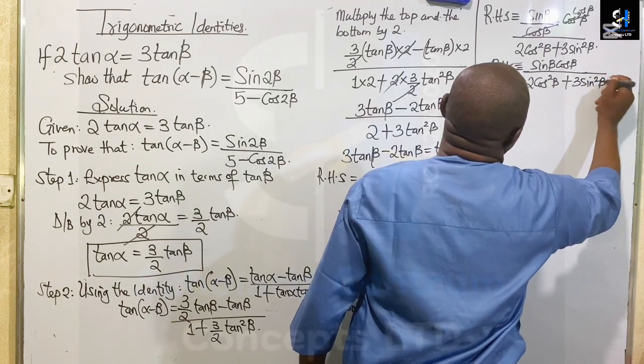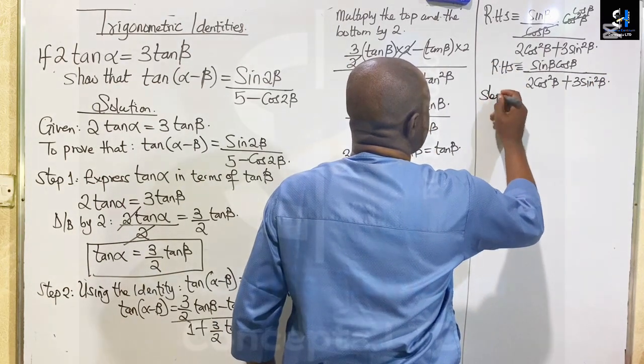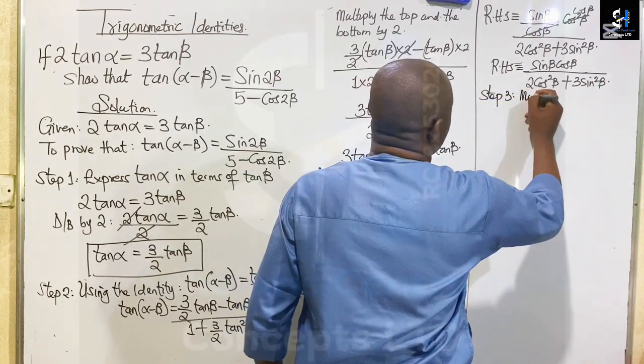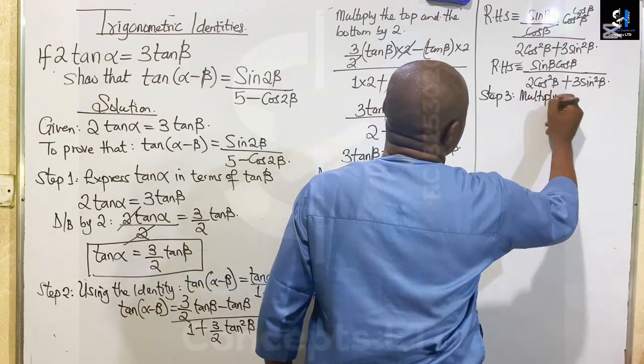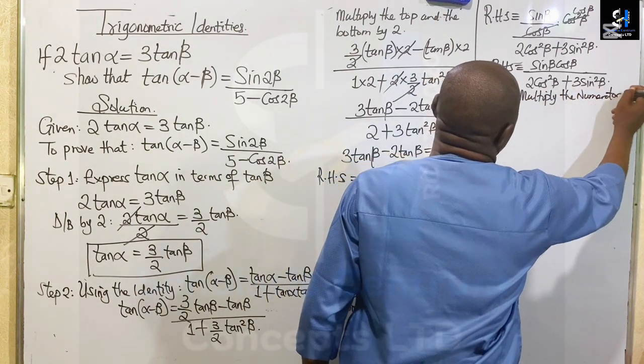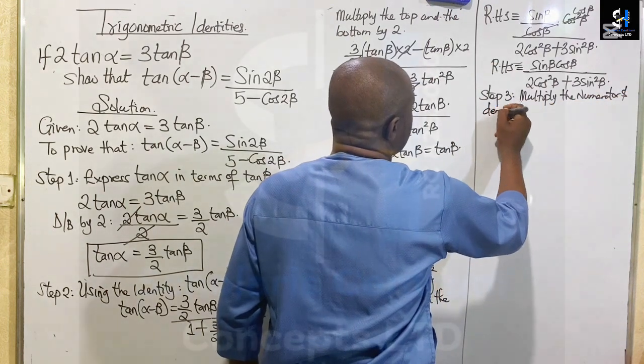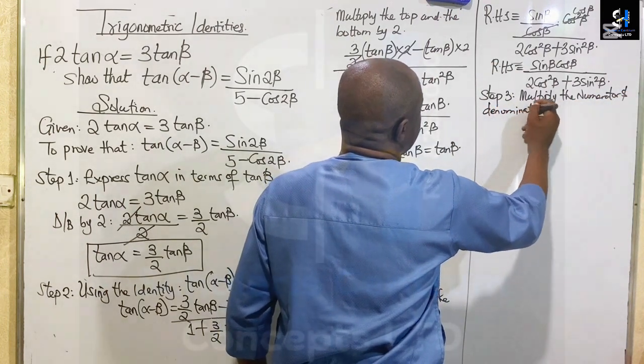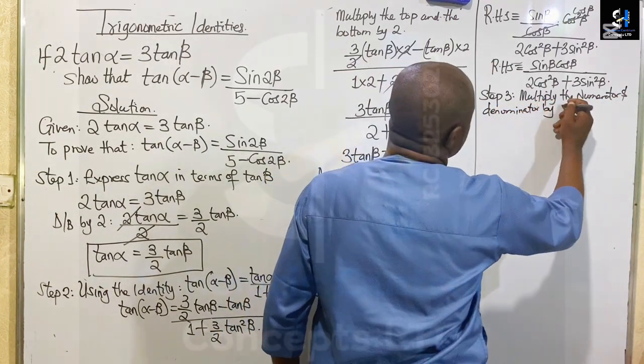So step 3: multiply the numerator and denominator by 2.